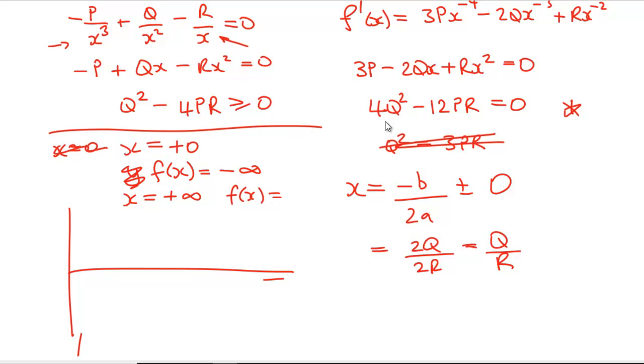So it must be a point of inflection then. Because if we had a maximum, we'd be stuck. If we had a minimum, we'd be stuck, because you'd have to have both to get to the other. So if we have got a turning point, it's got to be a point of inflection. Otherwise we can't do it, can we? However that would work, it's going to have to be a point of inflection.